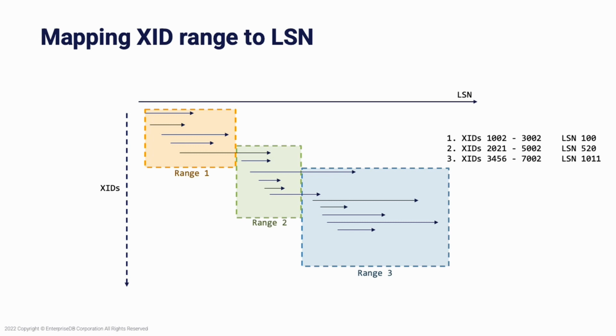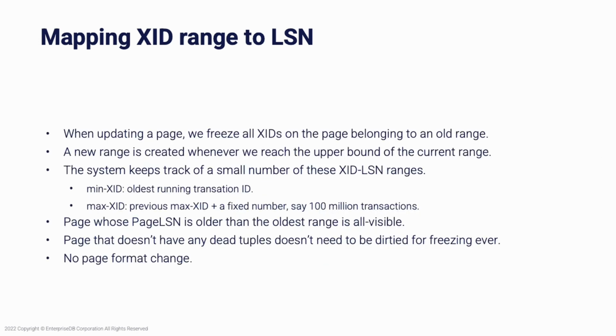When updating a page whose LSN belongs to an old range, it means all tuples on the page were modified long before, so we need to freeze them. And again, when updating a page, we freeze all XIDs on the page belonging to an old range.